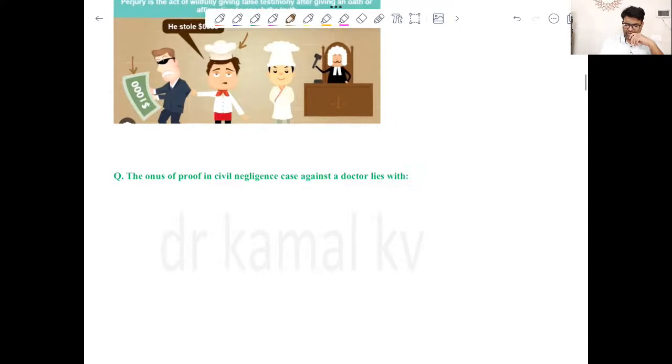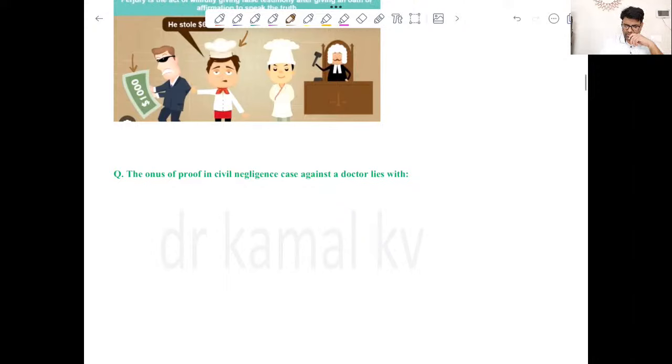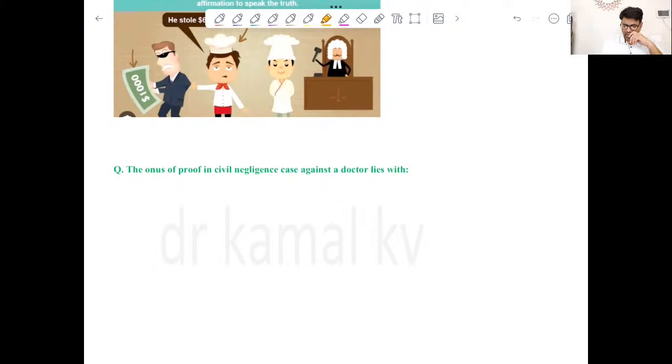Now about the next question, the thing is civil negligence, right? And it's of course against a doctor, and here the onus of proof. Now onus means responsibility. Very good, both of you are right.